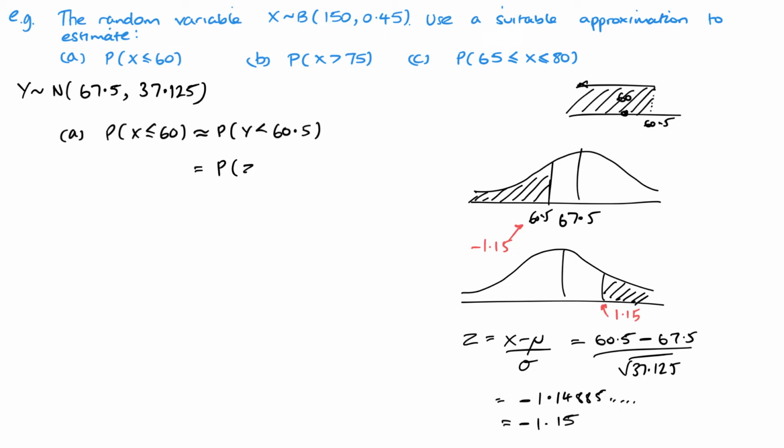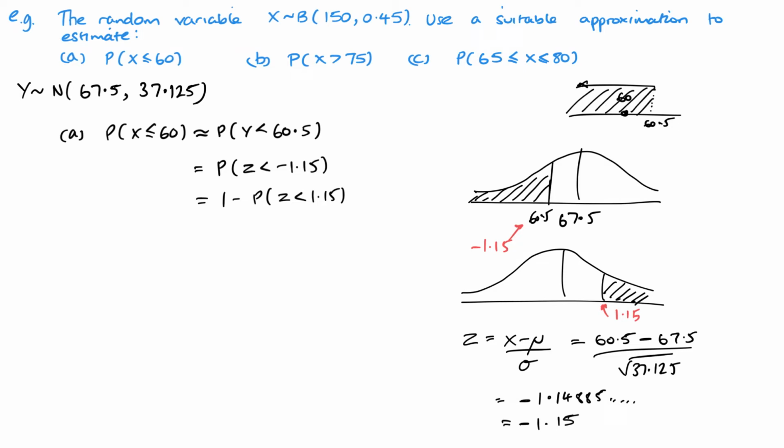So this is the same as Z being less than minus 1.15, which is the same as 1 minus the probability that Z is less than 1.15, as in the positive one. So you can see from here that less than negative 1.15 is the same as greater than 1.15, which is 1 minus.